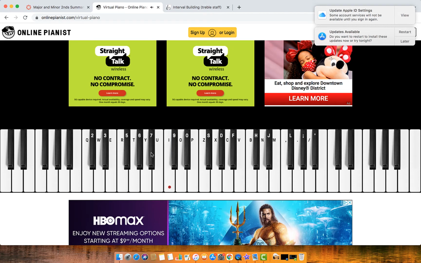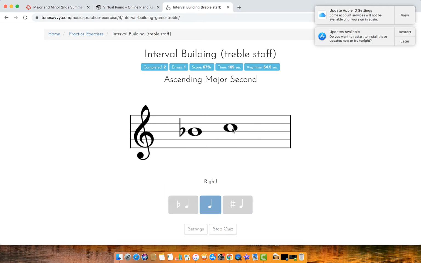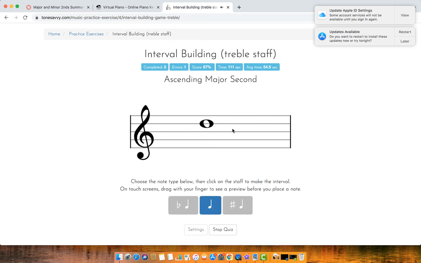Now that looks like C. B flat, C. Yeah, that sounds correct. Plain old C, not a flat, not a sharp. See? Do, re. Major second above D.